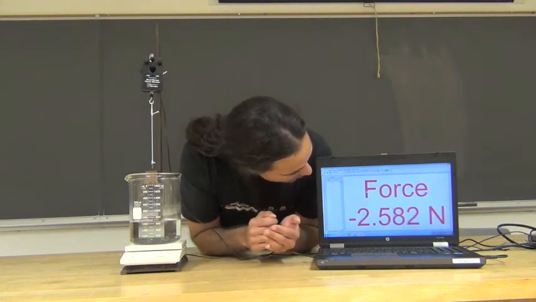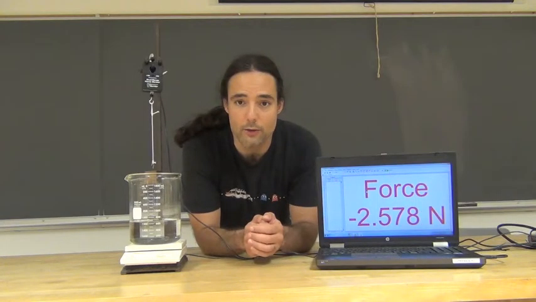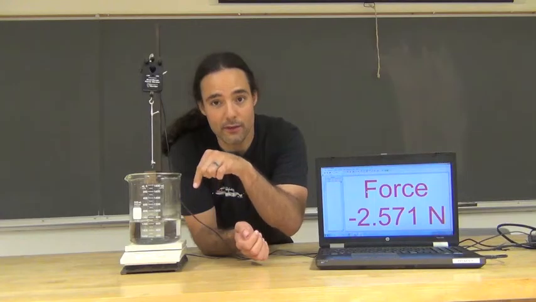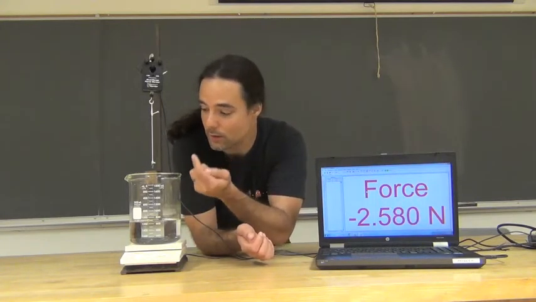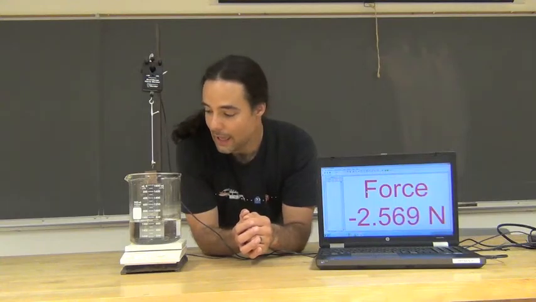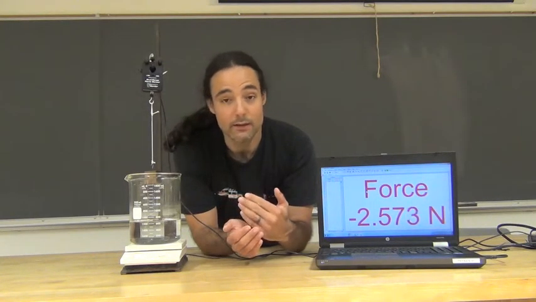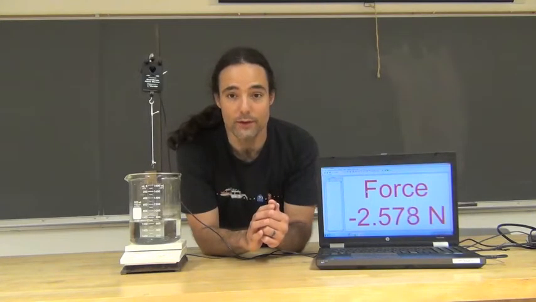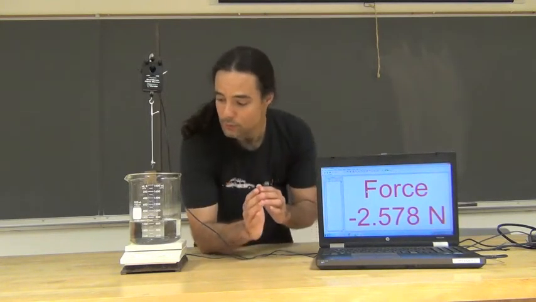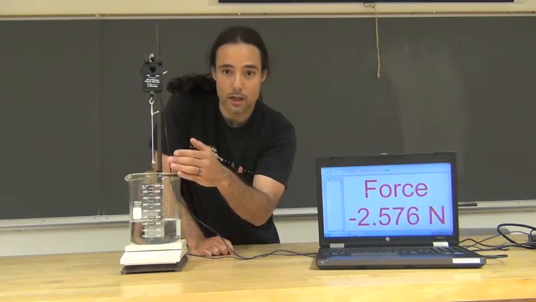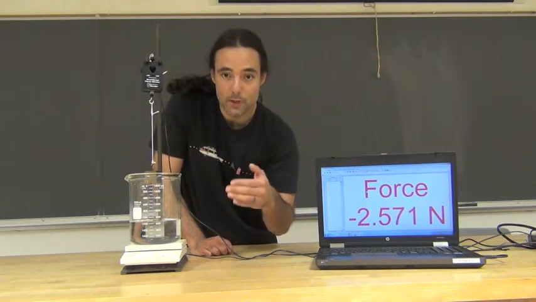And you can see, at least within experimental uncertainty, that's about 2.6 newtons. You get that just by taking into account that the force of gravity is pulling down, the tension on the string is pulling up, that's what we're measuring, and just taking m times g, 9.8 meters per second squared, you get about 2.6 newtons.